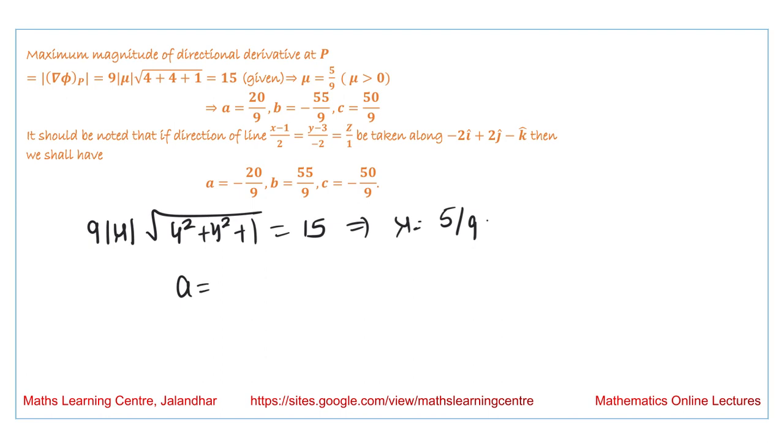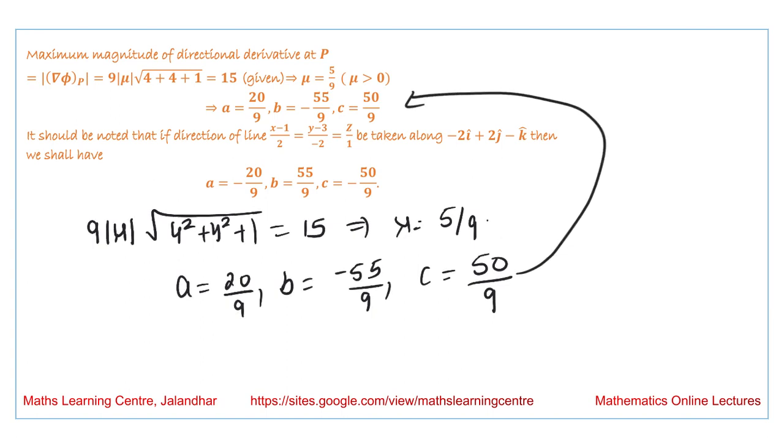So the value of A we obtain is 20 by 9, B is minus 55 by 9, and C is equal to 50 by 9. So this is one answer we are obtaining.